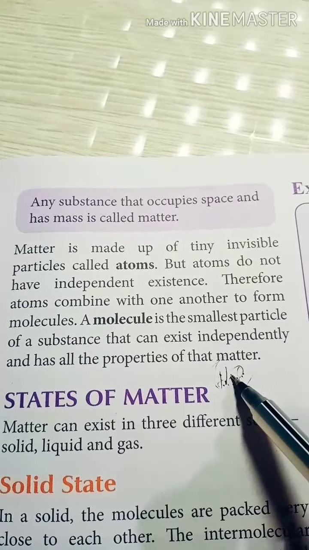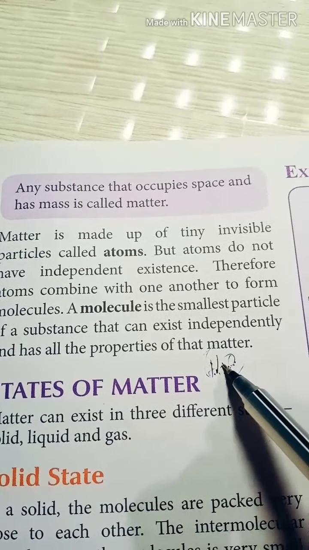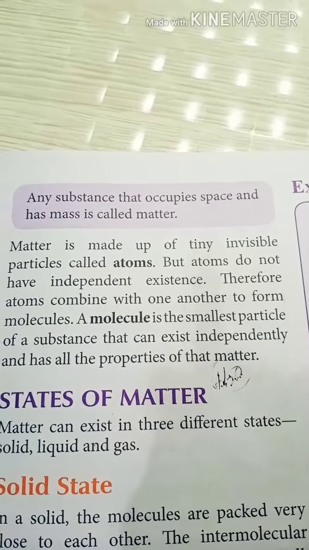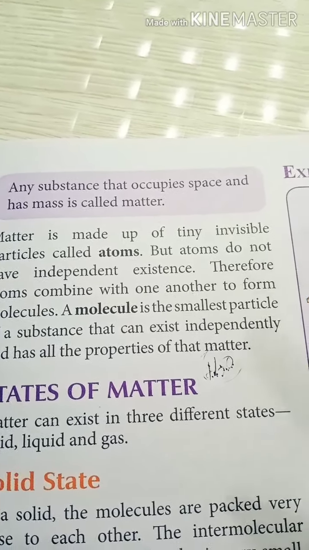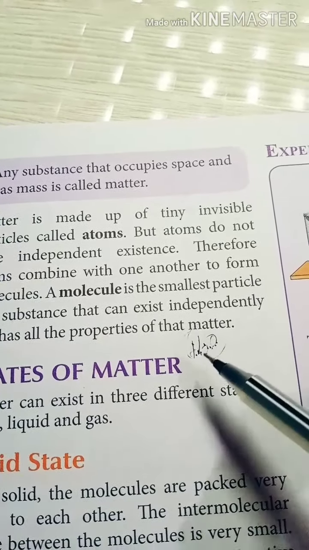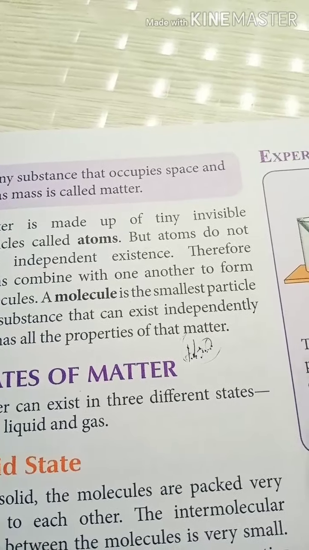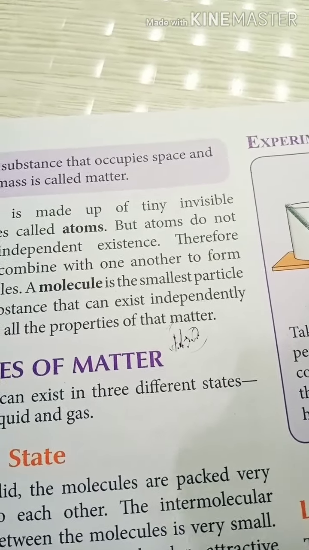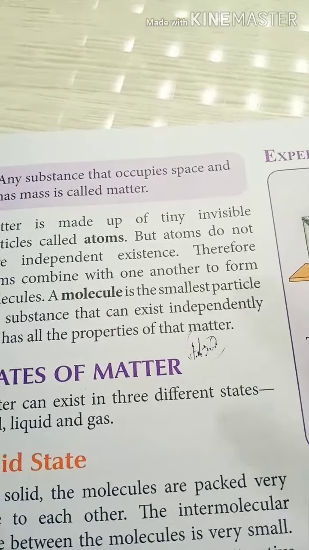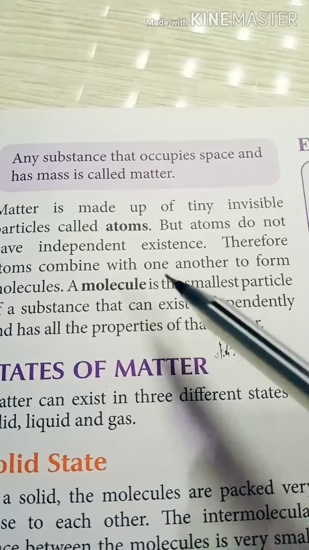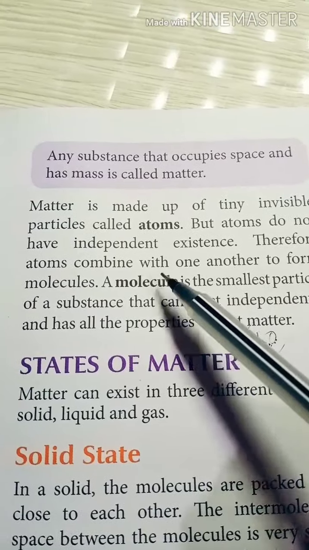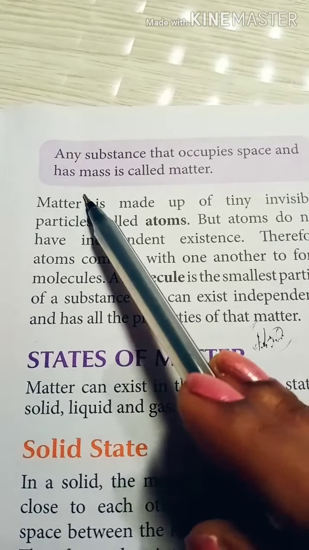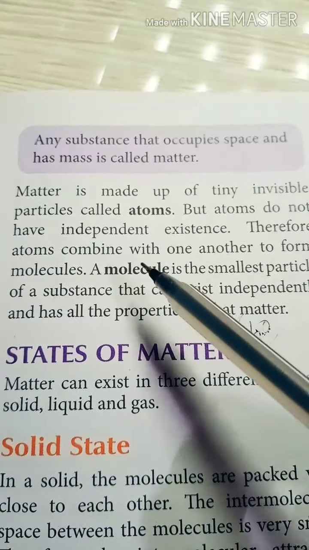Now water has become a matter. Understand? That means one atom can never exist alone. In higher classes you will read more about atoms. For now, just listen to this much: atoms cannot exist independently, so they combine with other atoms to form molecules.